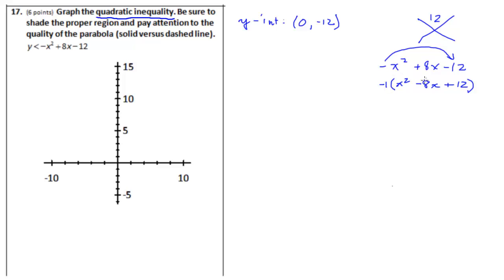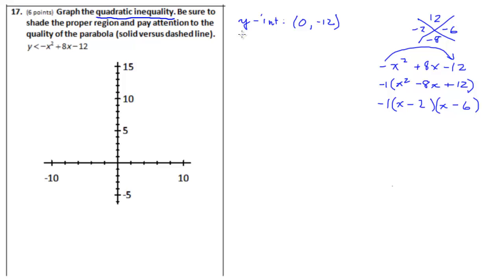Factoring out negatives makes our process a lot easier. So this is negative 1, and then we're going to have factors of 12 that add up to be negative 8. And that would be negative 2 and negative 6. So x minus 2, x minus 6.